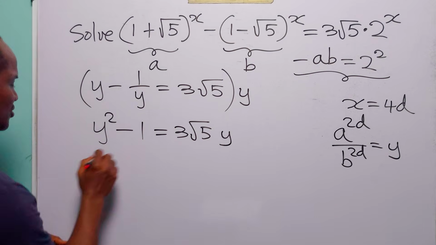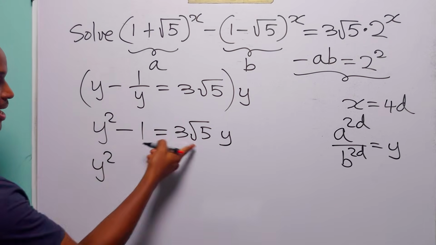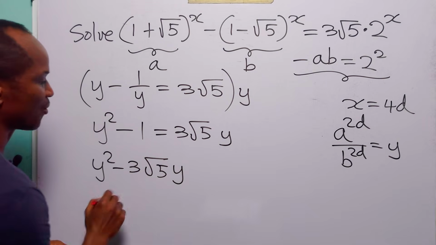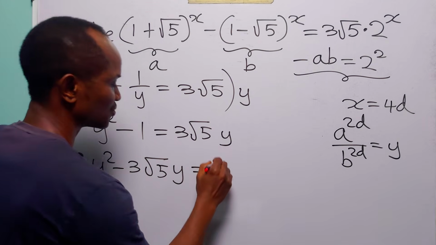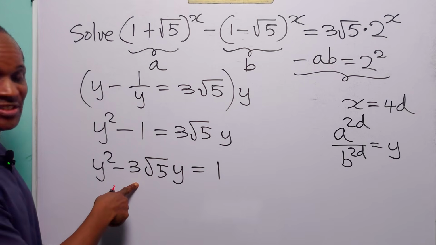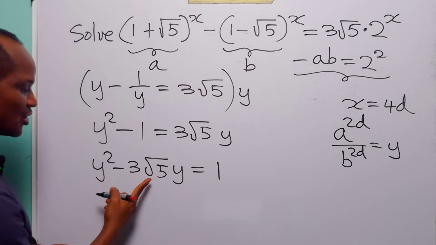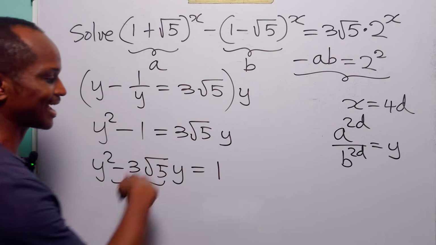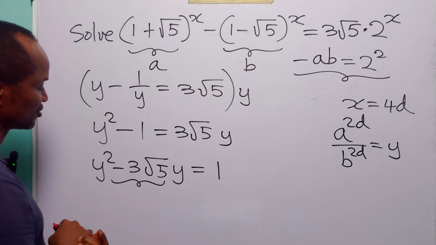Rearranging this quadratic equation, we have y squared minus 3 root 5y is equal to 1. Now, let us complete the square on the left-hand side. Of course, to do that, we are going to divide the coefficient of y by 2, square it, and add to both sides of the equation.